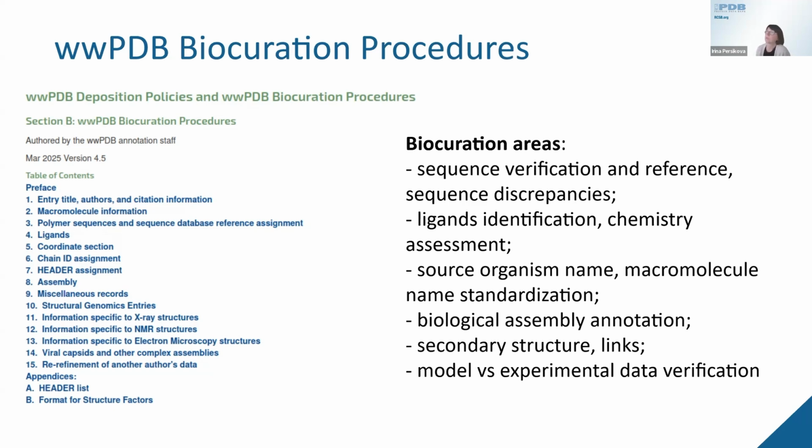And the biocuration procedures document covers all those topics in detail. It's important to note that all Worldwide Protein Data Bank data processing sites follow the same biocuration procedures as described in this document.